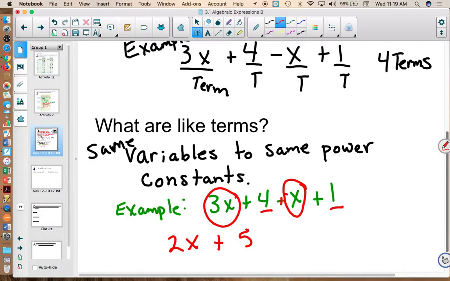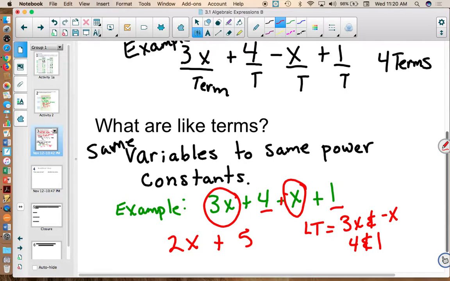But I have to know my like terms. So if I was just going to list my like terms, I'd have 3x and the opposite of x, and then I have 4 and 1. Okay?